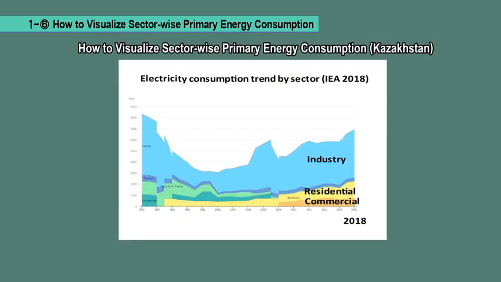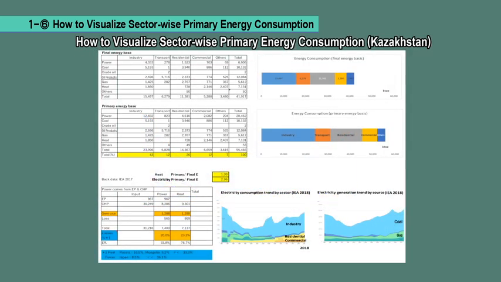Trends over the years show changes by sector. Although the amount is still limited, the residential sector and commercial sector, or buildings, in Kazakhstan are steadily increasing energy consumption in recent years. Please consider such trends when formulating a country's EE&C policies.